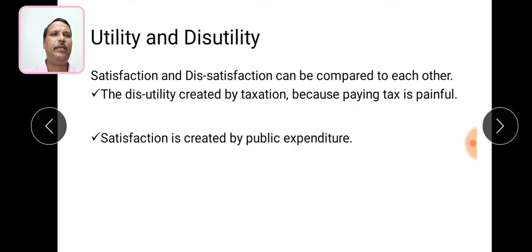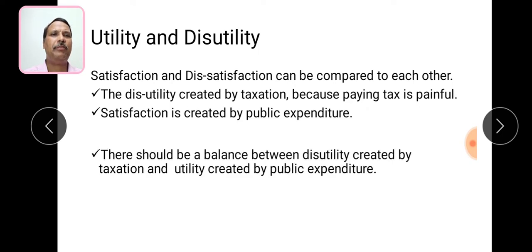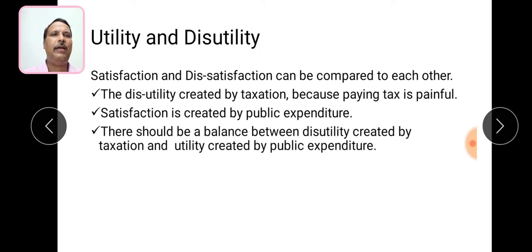The disutility is created by taxation because paying tax is painful. Satisfaction is created by public expenditure. There should be a balance between disutility created by taxation and utility created by public expenditure.